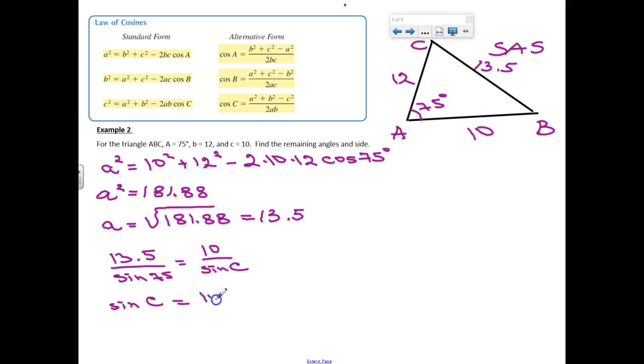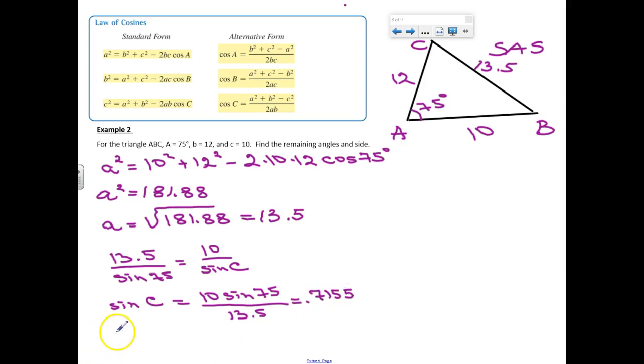The sine of C is equal to 10 times the sine of 75 divided by 13.5.